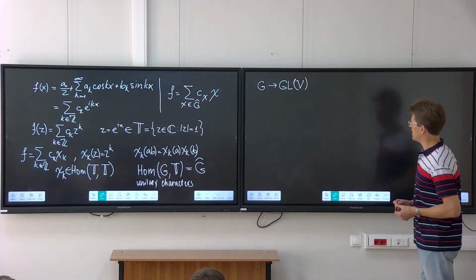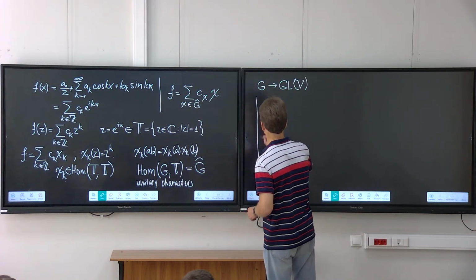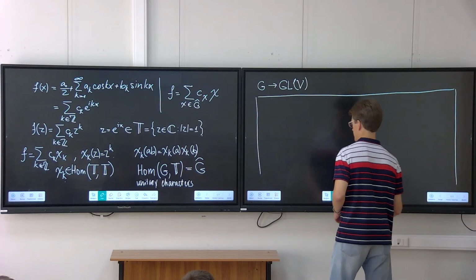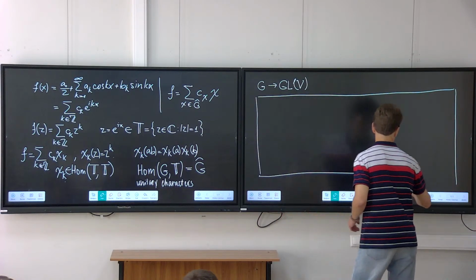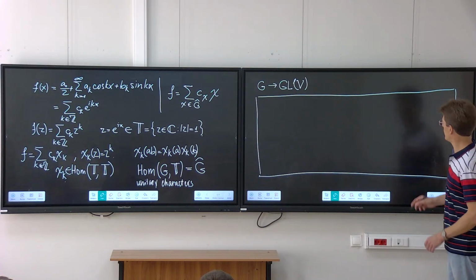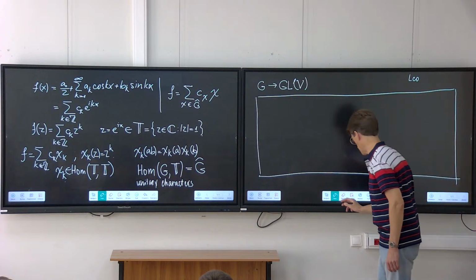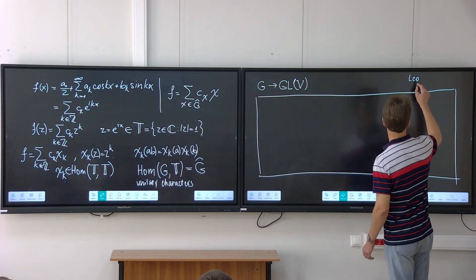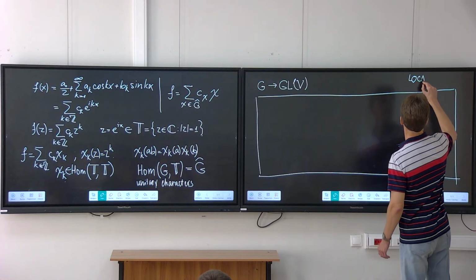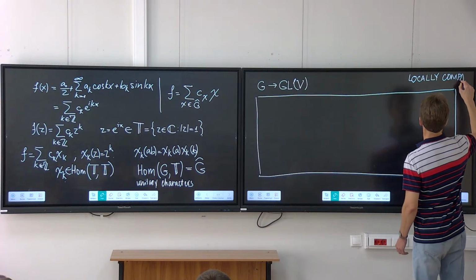Okay, let's now draw a picture which roughly represents the structure of harmonic analysis and representation theory. So the big rectangle is the class of all locally compact topological groups.